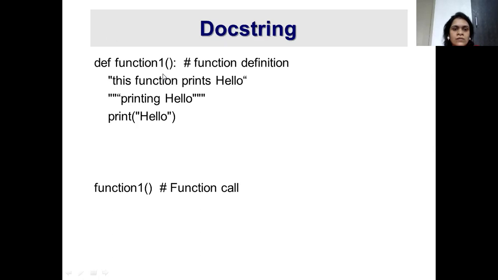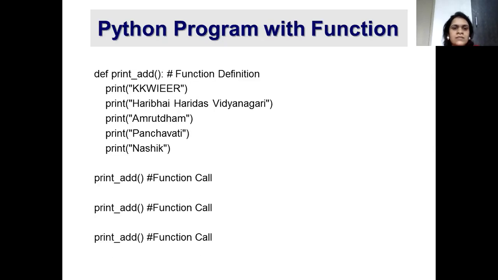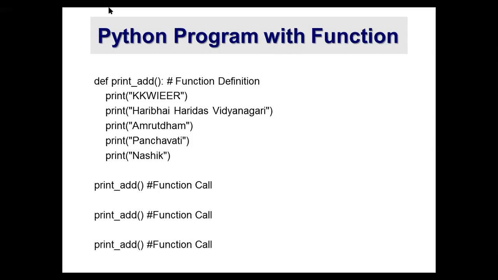After the colon, you must start with the lines of code of that function. You need to remember that the function's lines of code must follow indentation rules. So in this case, these 5 print statements need to belong to this function, so they must follow the same indentation.